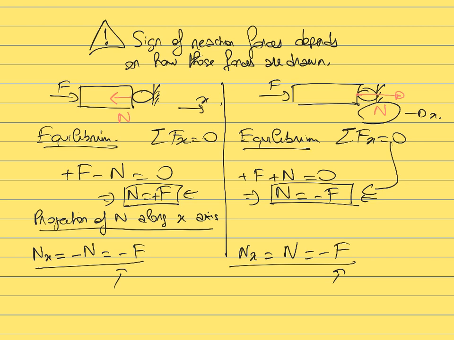Something we will come back to, because it's a common mistake, is that the sign of a given force depends on how you draw the force. In this case, depending on whether you draw n going towards the left or towards the right, the sign of the force can be either positive or negative. So the sign of the force depends on how you draw it, but the sign of the projection doesn't have to be the same as the sign of the force itself.